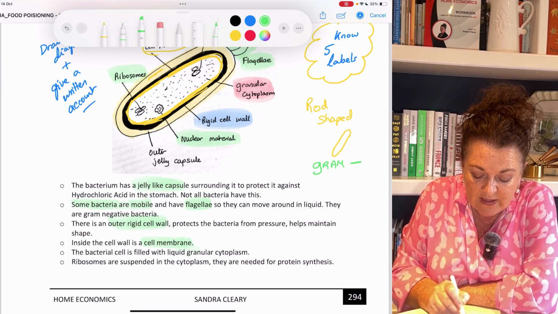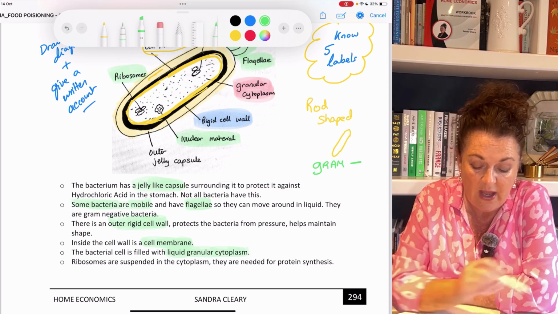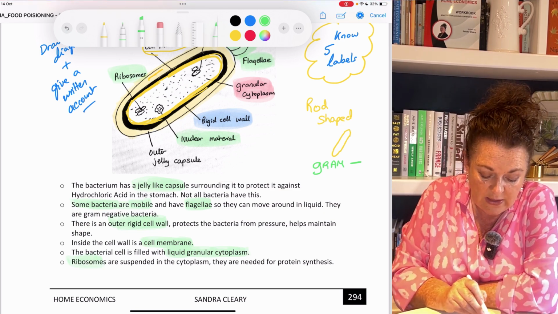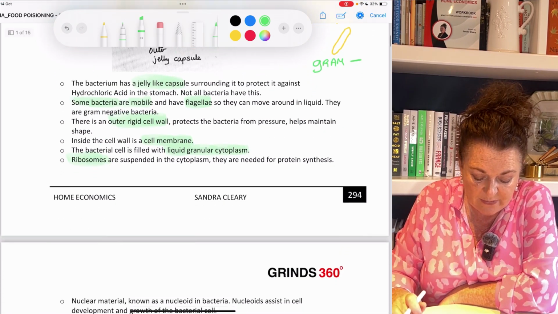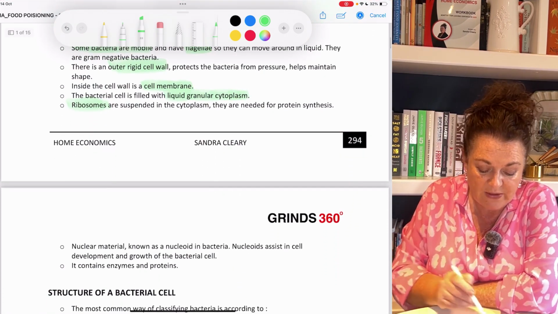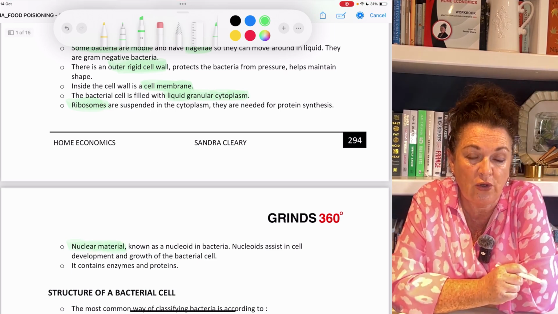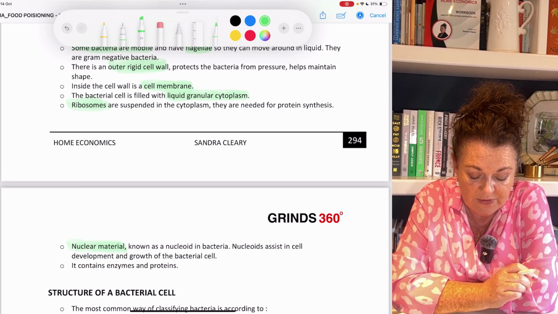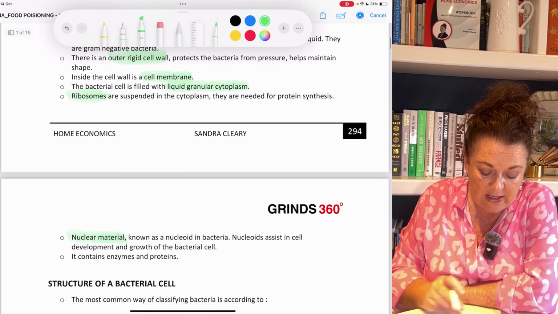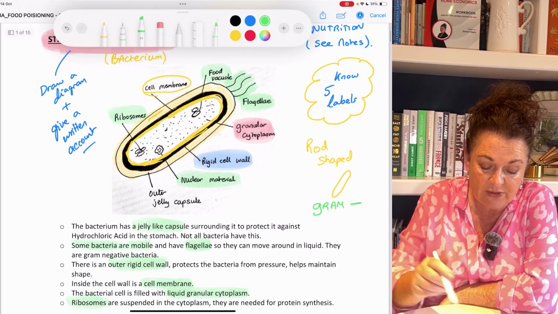Inside we have our cell membrane, filled then with liquid granular cytoplasm, and then we have organelles like ribosomes suspended in the cytoplasm, which are needed for protein synthesis, and nuclear material called a nucleoid rather than a nucleus, which helps in cell development and growth of the bacterial cell, and the nuclear material also contains enzymes and proteins.